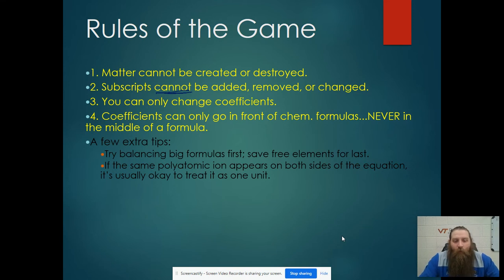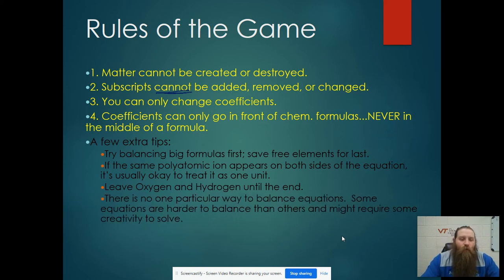If you have polyatomic ions on both sides of the equation, you can balance them by what we call grouping, and we'll look at that in closer detail. Always leave oxygen and hydrogen to the end if at all possible. They usually balance themselves out. And there is not a particular way to balance equations. You don't have to follow a specific pattern every single time.